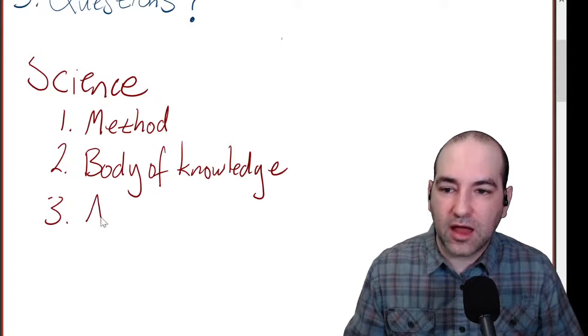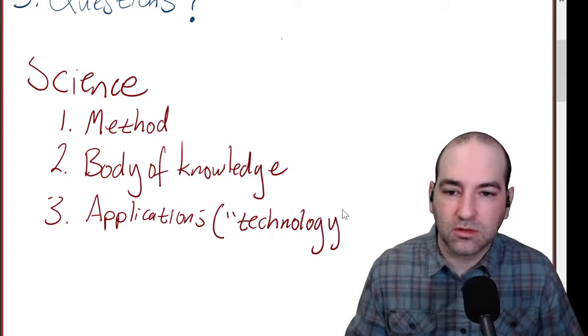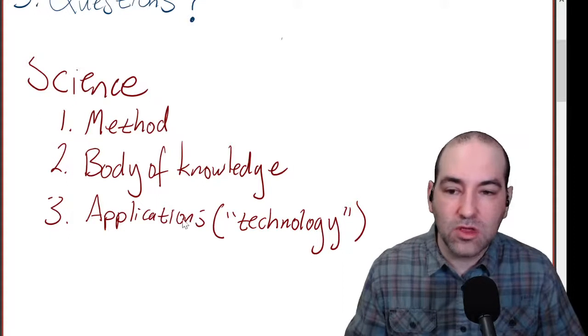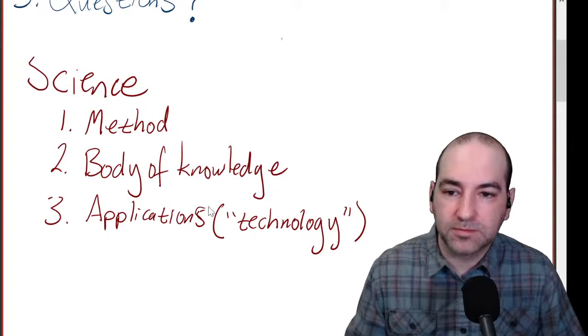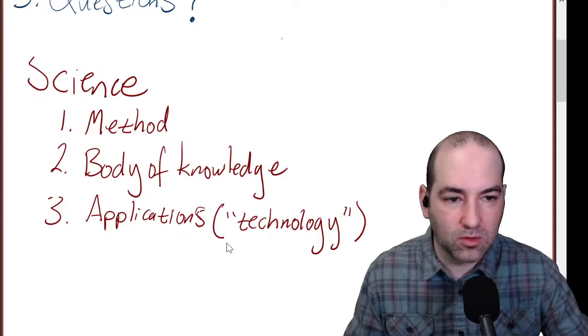And we can think about it as the applications, which is maybe better known as technology. So how we use what we have learned to develop new things or to control our world in some way.